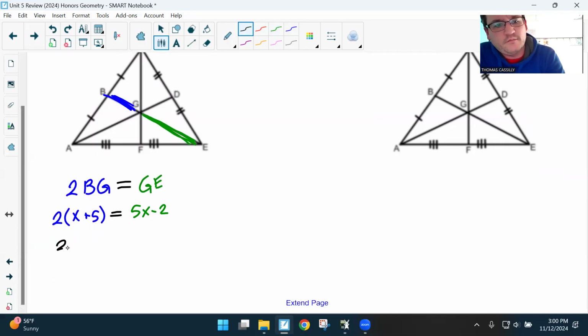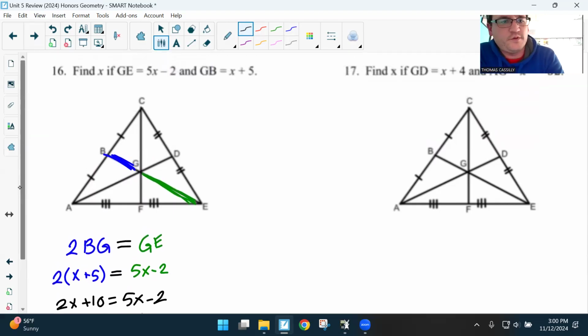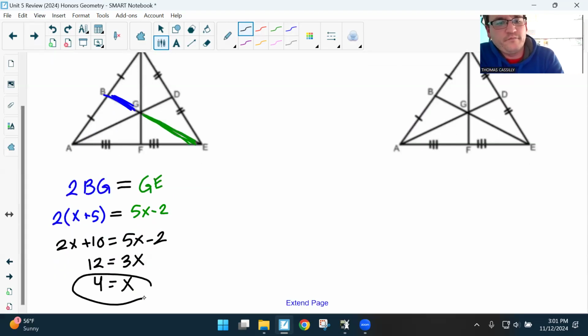I got 2x plus 10 equals 5x minus 2. Move some stuff around. 3x equals 12. Add a 2 on both sides, subtract 2x on both sides. Divide away a 3 now. We're going to get x equals 4. I think that's all we had to do. Find x. Solve for x. That's what we did. So x equals 4.